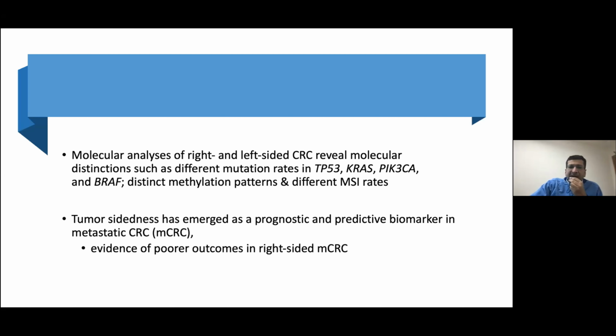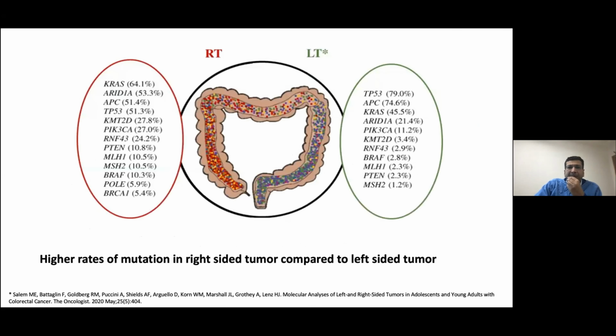Tumor sidedness has emerged as a prognostic and predictive biomarker in metastatic colorectal cancer. We know very well that EGFR inhibitor therapies don't work well in right-sided tumors. It is both prognostic and predictive. The molecular mutations present on the right and the left are different, and there are high rates of mutation present in right-sided tumors as compared to left-sided tumors.